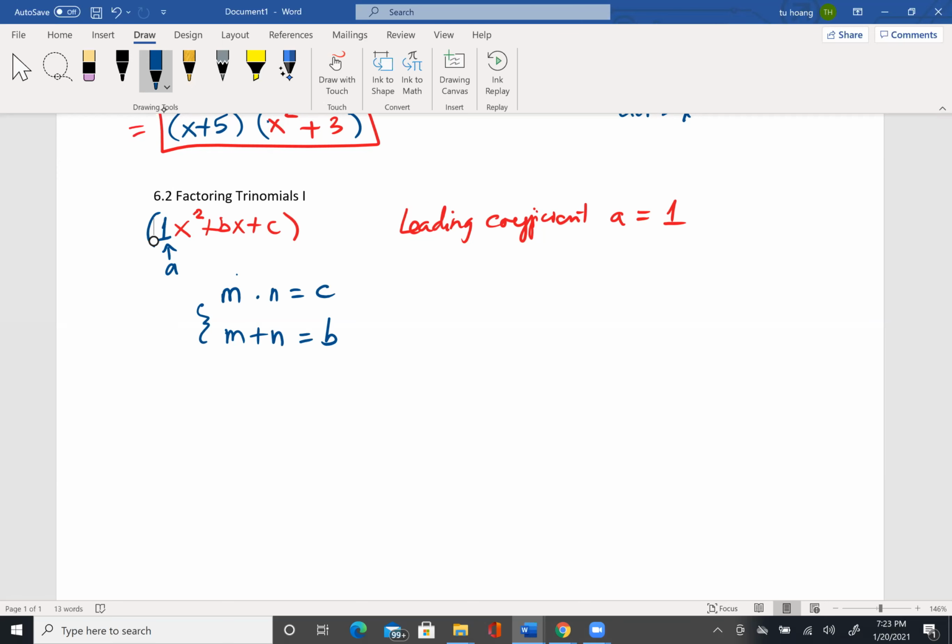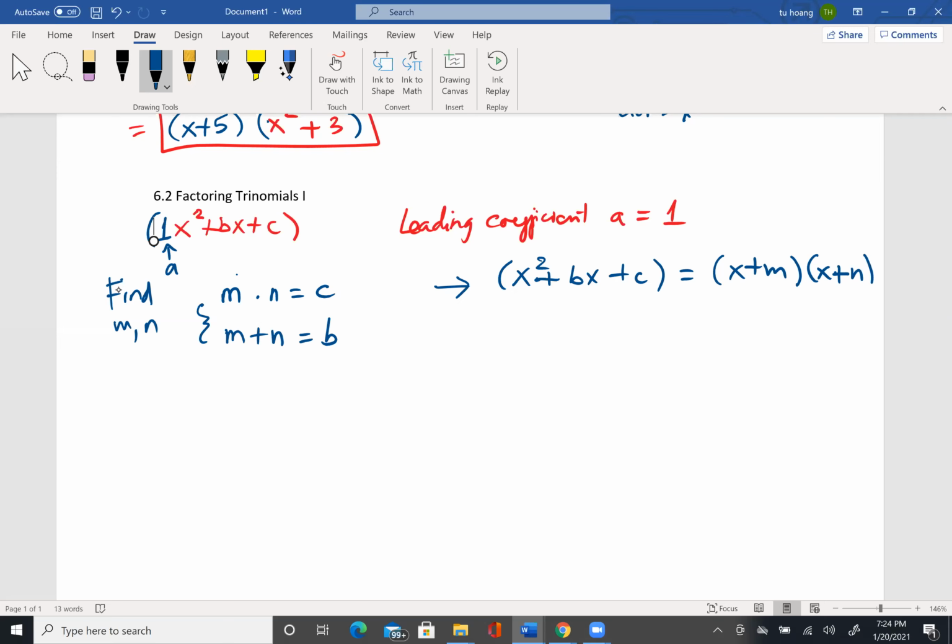You're going to try to find m and n from this system of equations. So after that, you will have x squared plus bx plus c factored as x plus m and x plus n, right?